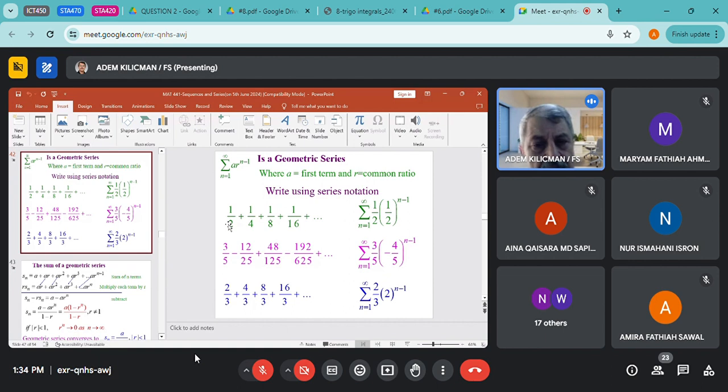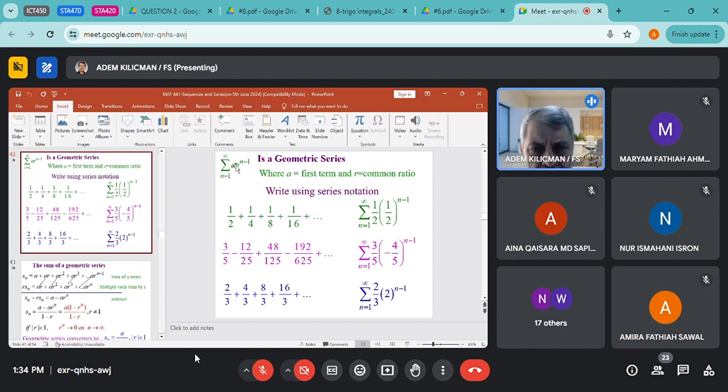1 over 2, we have the first term. Second term is 1 over 4. So how to generate the 1 over 4? We multiply the 1 over 2 by 1 over 2. Then we reach the 1 over 4. Then 1 over 8 we have. How to get 1 over 8? We multiply the 1 over 4 by 1 over 2 to get the 1 over 8.